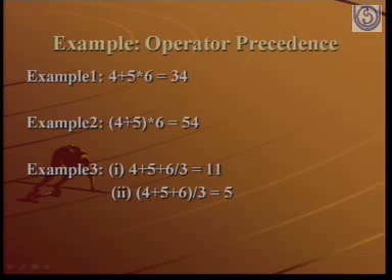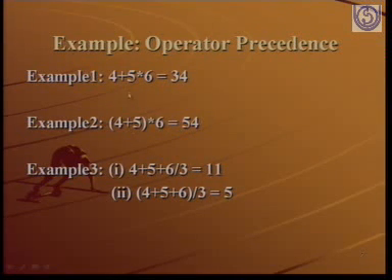And here once again we have written the same expression, but we have tried to give precedence to 4 plus 5 over star. We have put this 4 plus 5 into a parenthesis. It means whatever is in the parenthesis will be evaluated first. So it will be 9, and 9 into 6 will give you 54.